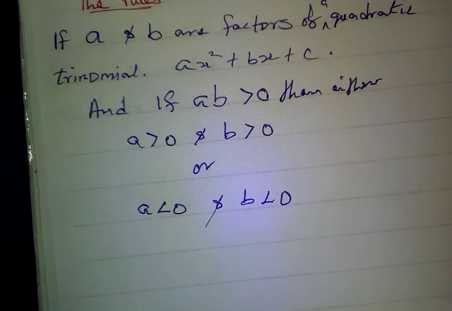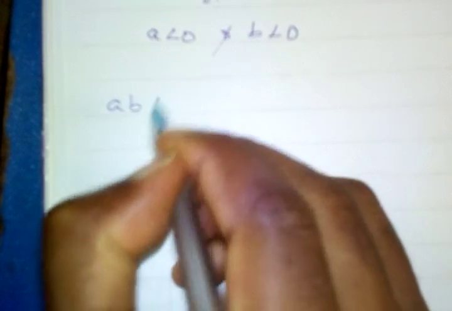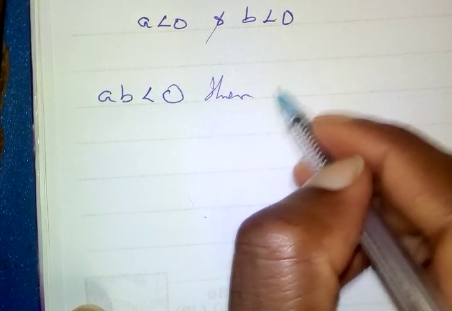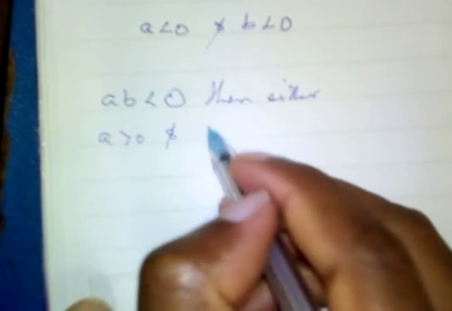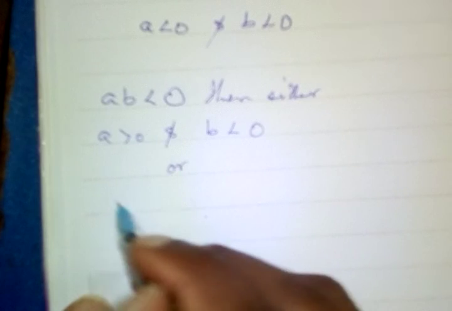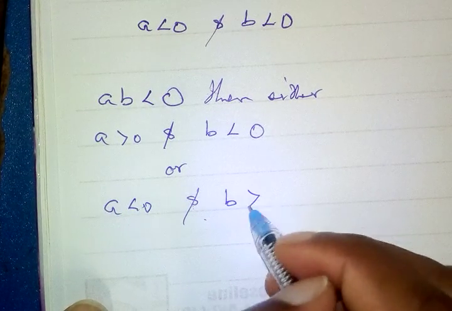Again, if we have an expression such that a times b is less than 0, then either a is greater than 0 and b is less than 0, or a is less than 0 and b is greater than 0.